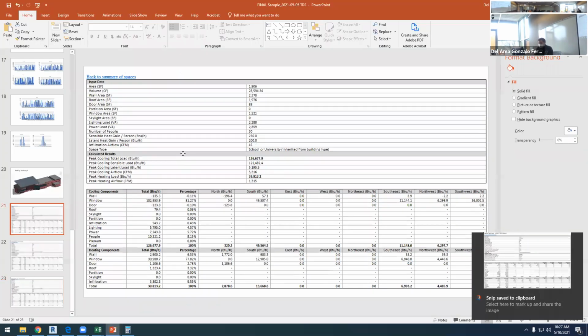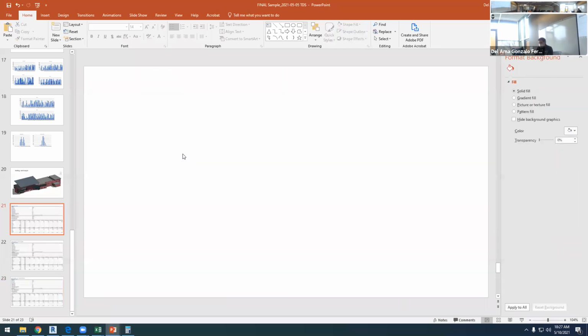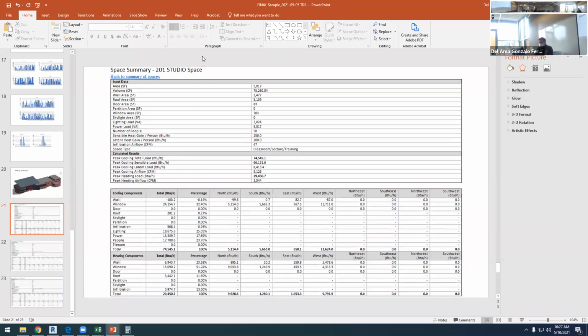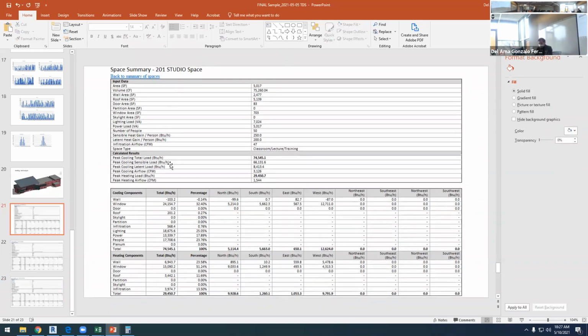This is classroom 3. I know what I copied here, but you have to copy the studio space. And then by looking at this, well, there's a lot of window space in the studio. So we have cooling and heating loads through windows. Yeah, so that makes sense.